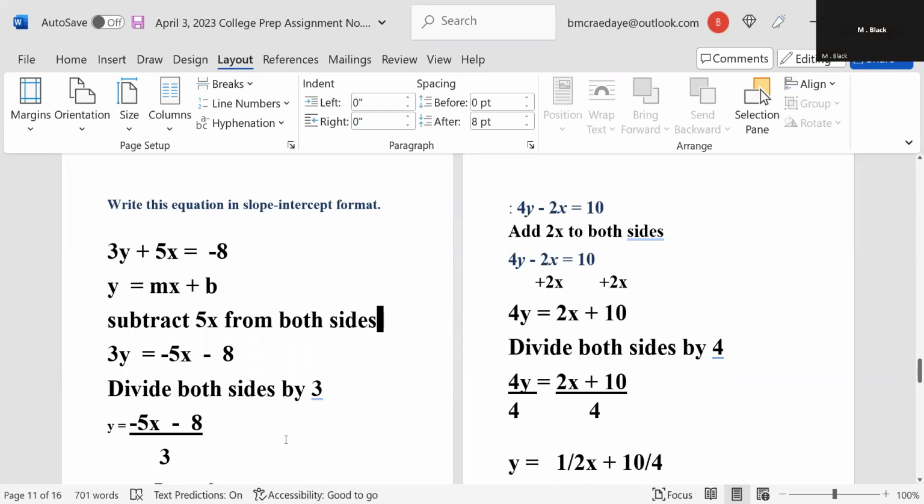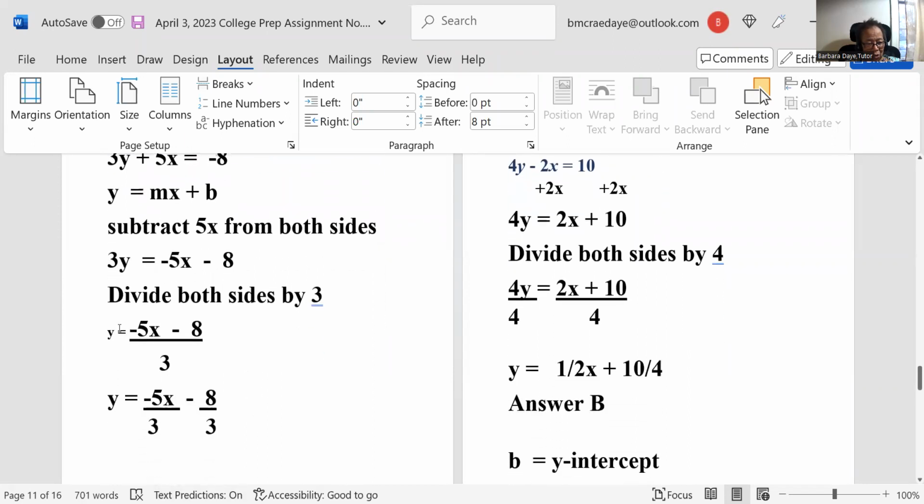Now that means the -5x is divided by 3 and the -8 divided by 3. So I just separated it out: -5x over 3 minus 8 over 3. So that m is the -5 over 3. So my slope is -5 over 3. That's the coefficient of the x. And then my b is my -8 over 3.